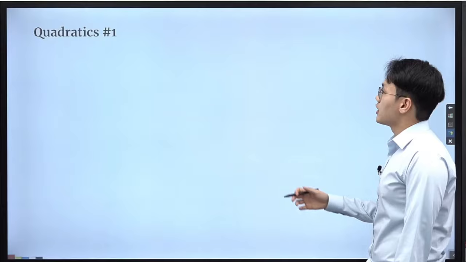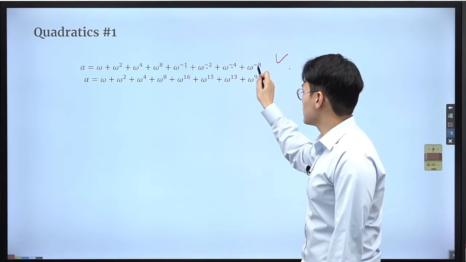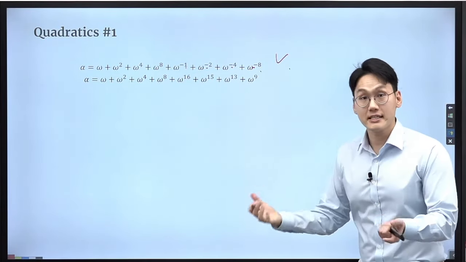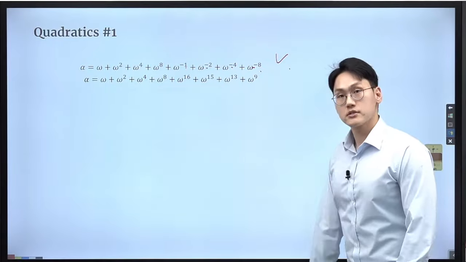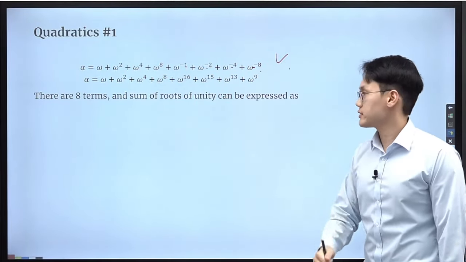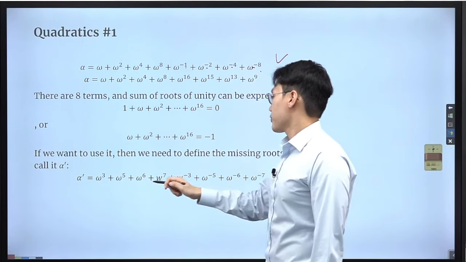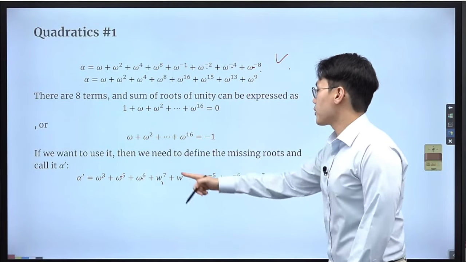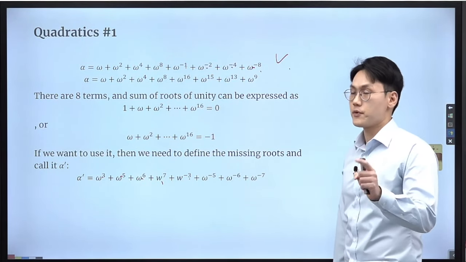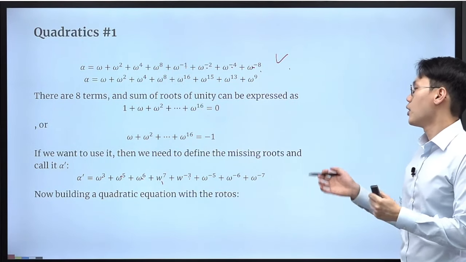If this inverse notation is a bit confusing, what you can do is multiply by omega 17, which is 1, to make the powers positive, and it's easier for me to see which ones are going to be missing. So the missing roots here are omega 3, 5, 6, 7. And then I'm going to add their conjugates also, but if the negative power is uncomfortable for you, multiply by omega 17 to make it positive. So I got that, right?